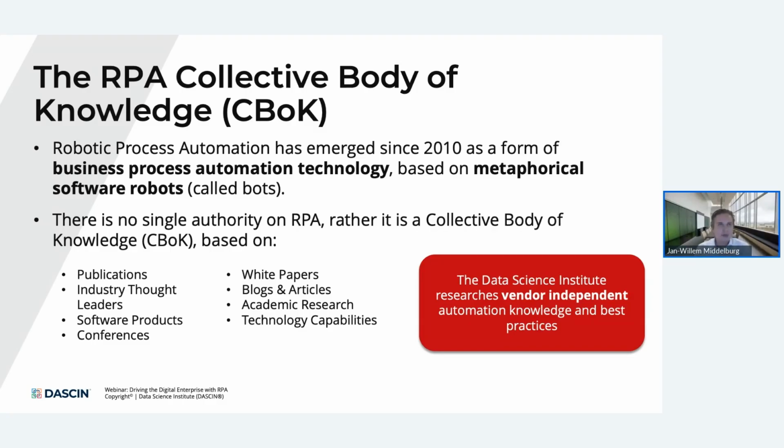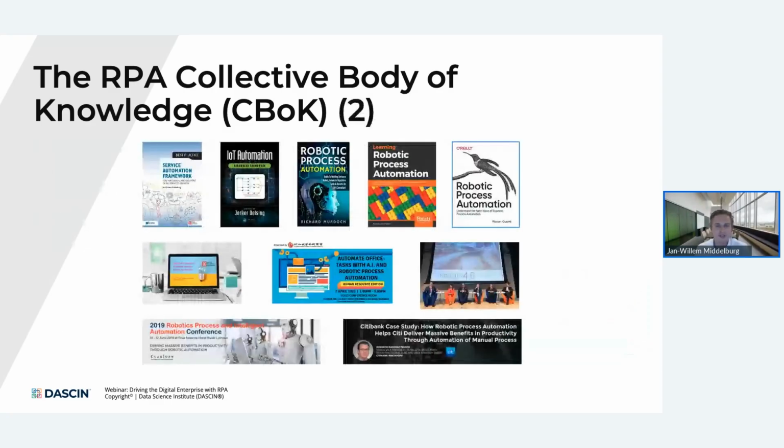And that's something that I personally very much like, because it really means that the domain of automation and RPA is completely vendor independent. There's no one authority or one company that claims to have all of the knowledge in place. By combining a lot of different best practices, you're able to drive things forward quicker. And that's exactly what we're going to show you a little bit today around some of the blueprints and some of the elements that are a part of that.